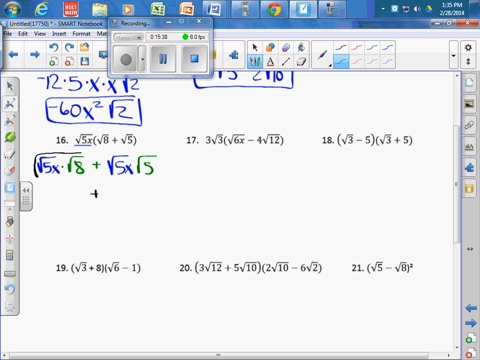Let's take a look at this. Radical 5x times radical 8 would be radical 40x.